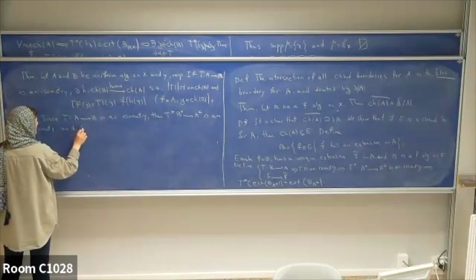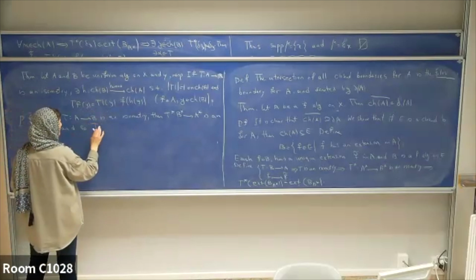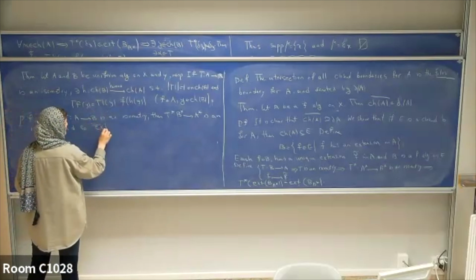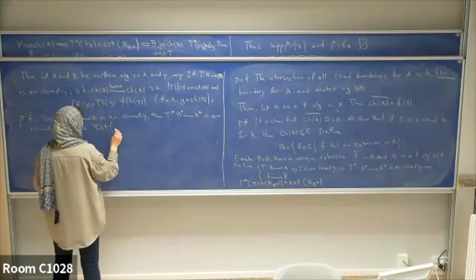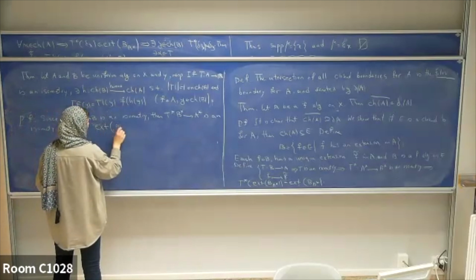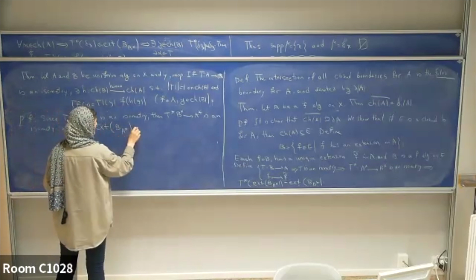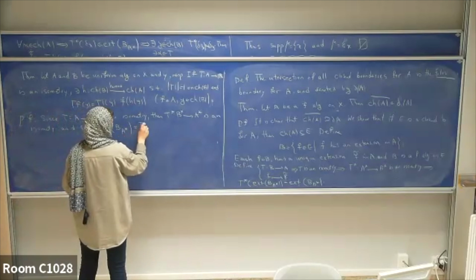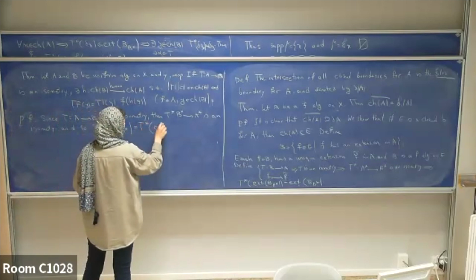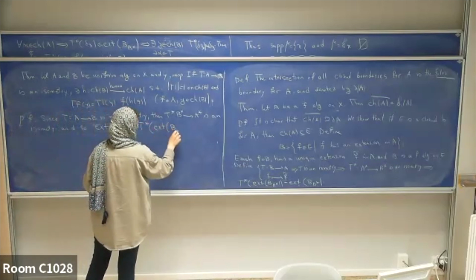And so exactly, the extreme points of the ball of A star are T star of the extreme points of the ball of B star.